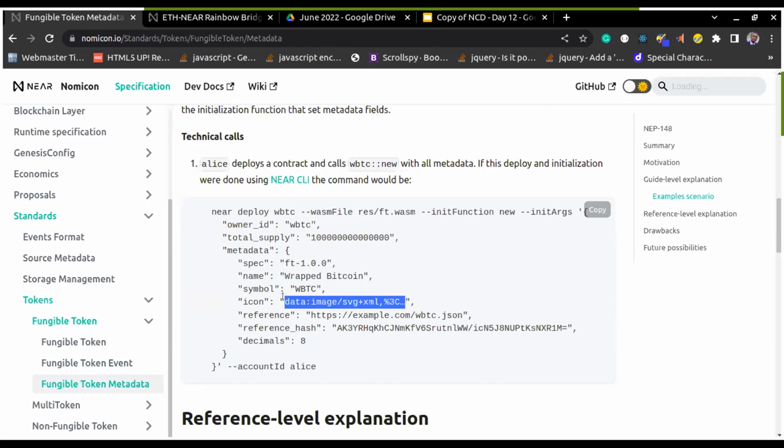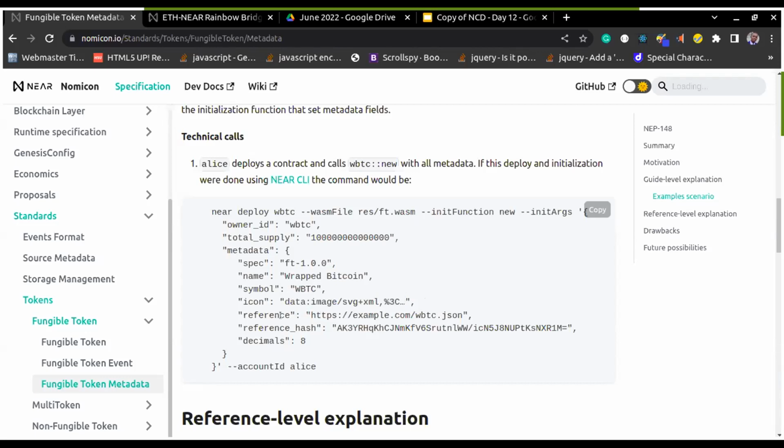So like NEAR, we have this symbol looking like N. Then Bitcoin, we have some decorated B. Ethereum, yeah, we have one for Ethereum. So those are basically images that are going to represent our token. And it's advised that it be an SVG image if possible, because that will do the representation quite well, the appearance and all that.